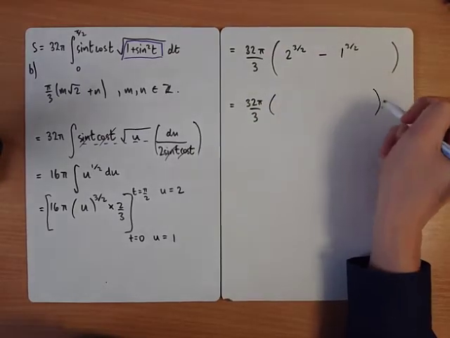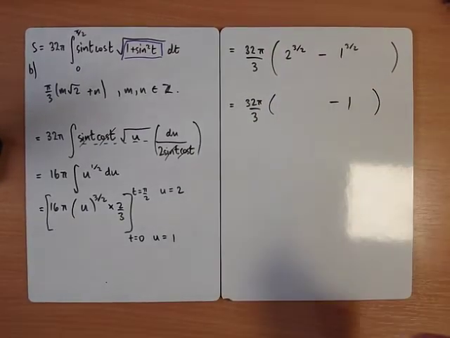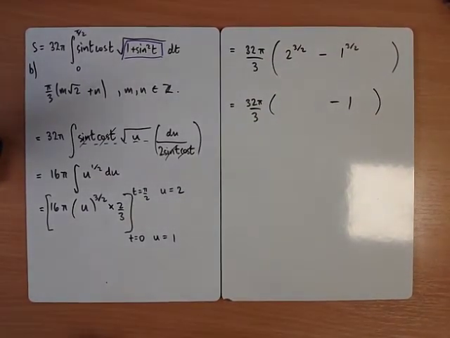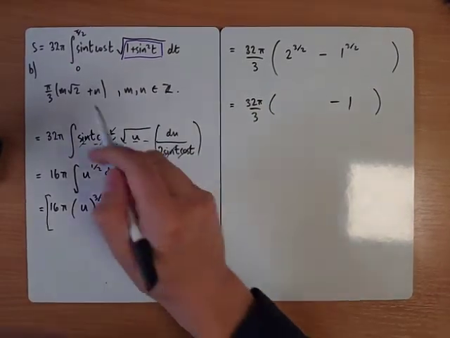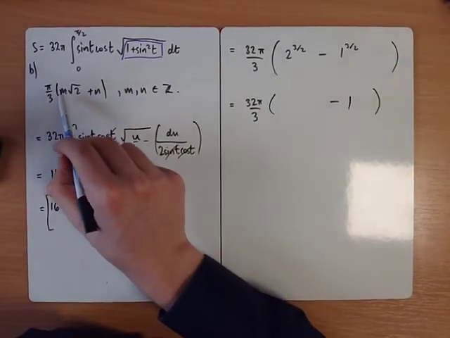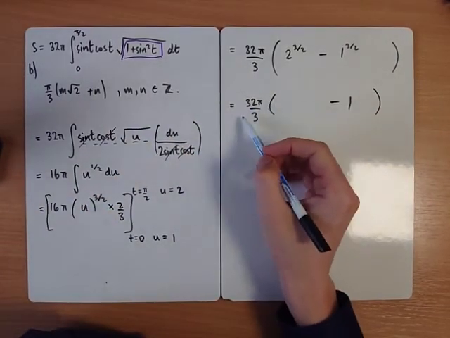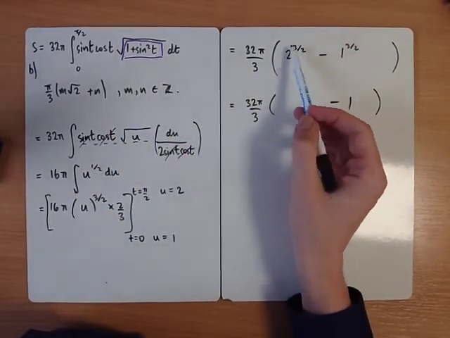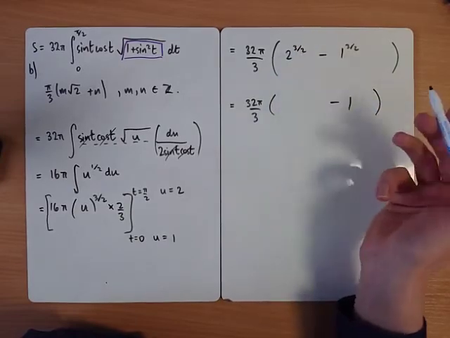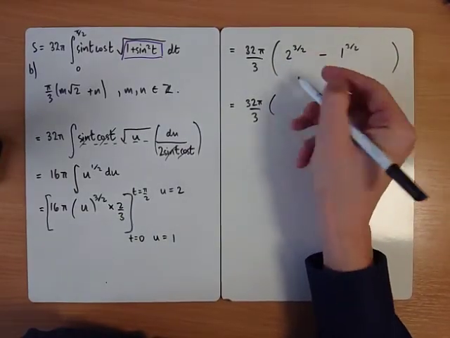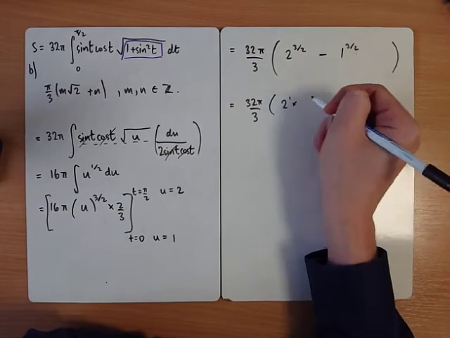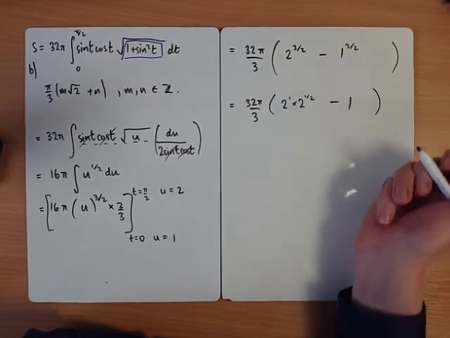The form that we need, let me just check. Okay, it is. So we got pi over 3, m root 2 plus n. So I need to put this 32 back inside, and I just need to tidy this bit up here. 2 to the 3 over 2 is 2 to the 1 times 2 to the half.